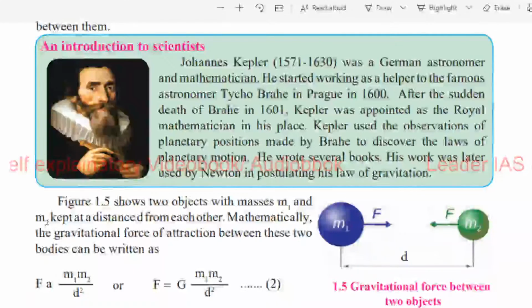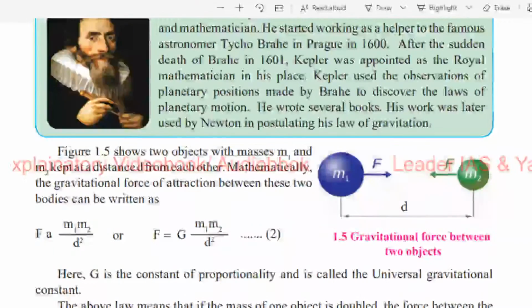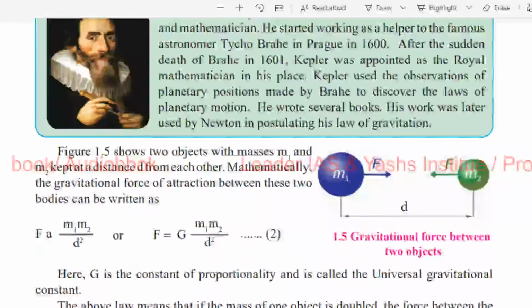Mathematically, the gravitational force of attraction between these two bodies can be written as F is proportional to m1 m2 upon d square, or F is equal to capital G into m1 m2 upon d square. Equation number 2.